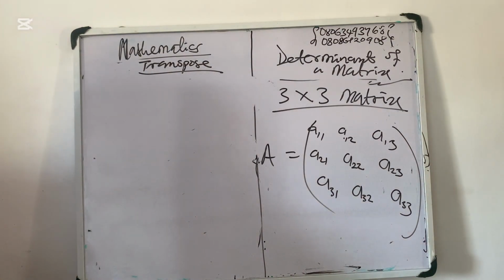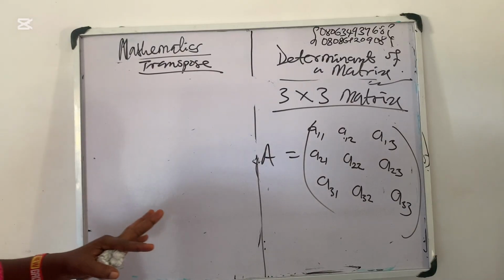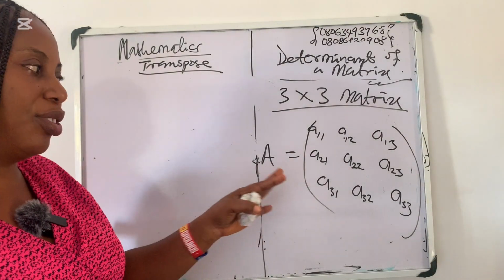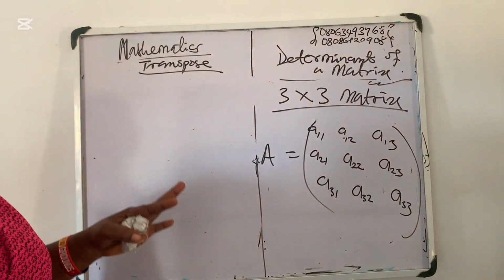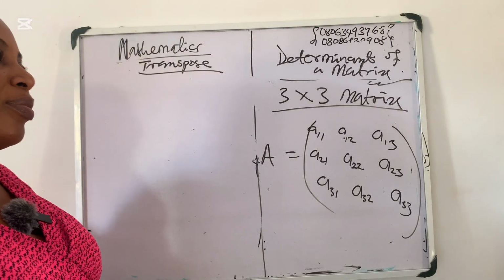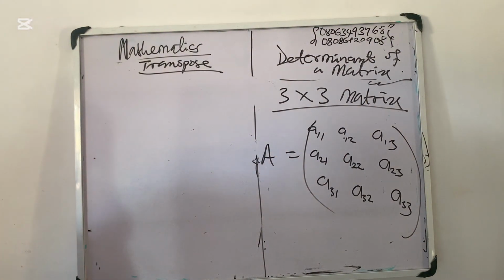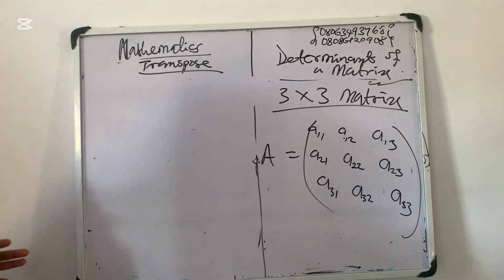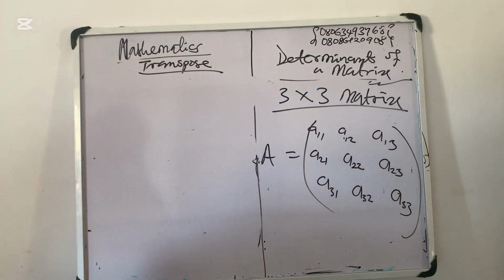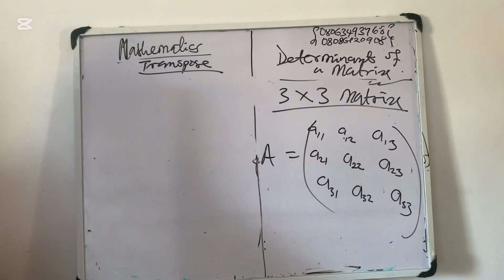Now, to get the determinant of A in a 3 by 3 matrix, we start with a positive sign, and the next one is a minus. We alternate the signs, positive, negative, positive, as the case may be.